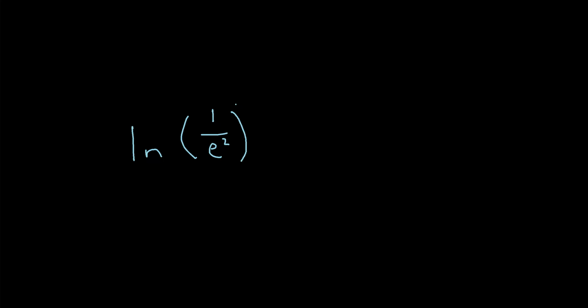All right, let's try another one. Let's say we have the natural log of 1 over e squared. How can we figure this out? Well, we can rewrite it as the natural log of e to the negative 2, because when we have something like 1 over e to the 2, we can rewrite that as a negative exponent.